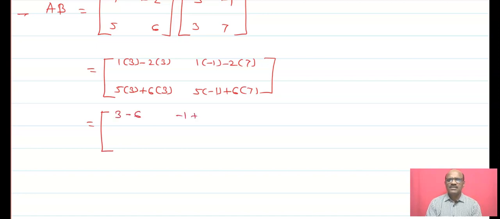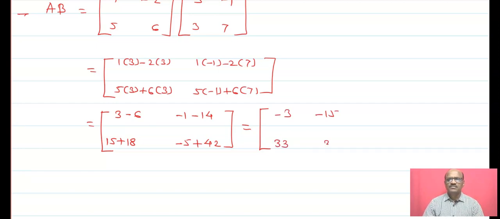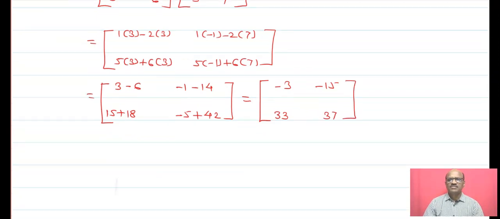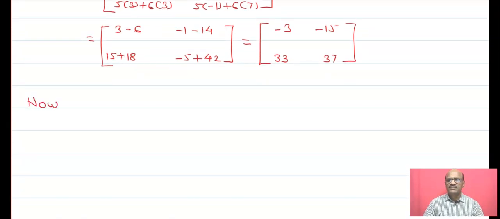That is 3 minus 6, minus 1 minus 14, 15 plus 18, minus 5 plus 42. Therefore, minus 3, minus 15, 33 and 37.